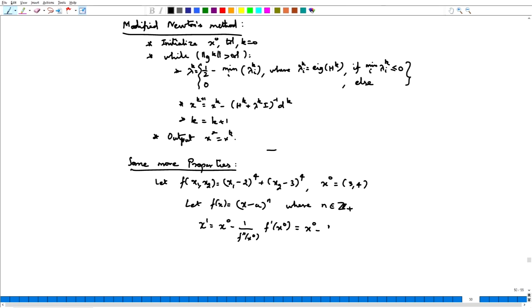So, this is n into x minus a power n minus 1, and this is n into n minus 1 into x minus a power n minus 2, and that is equal to, so this cancels and this cancels. So, you have x naught minus x naught minus a by n minus 1.